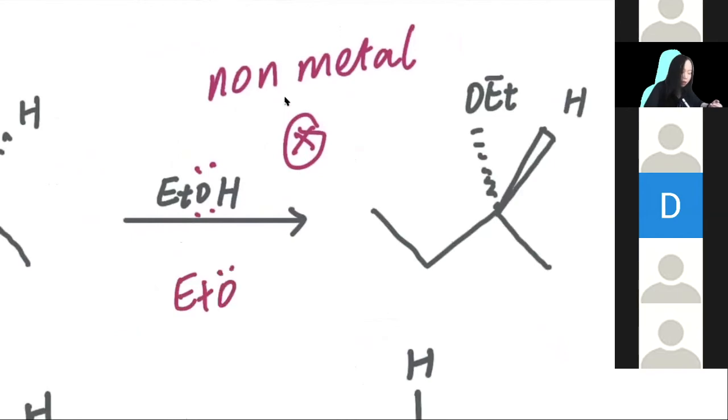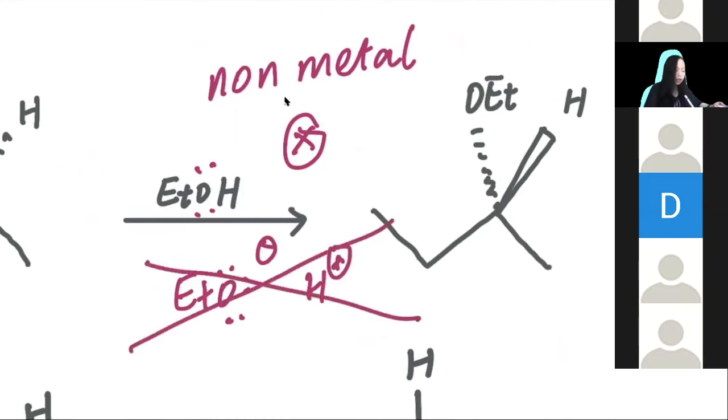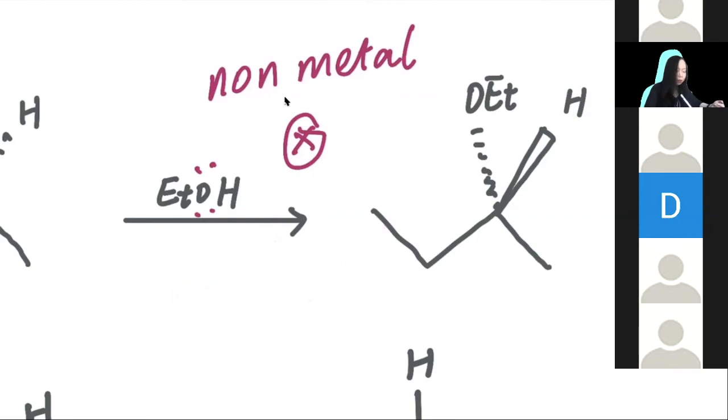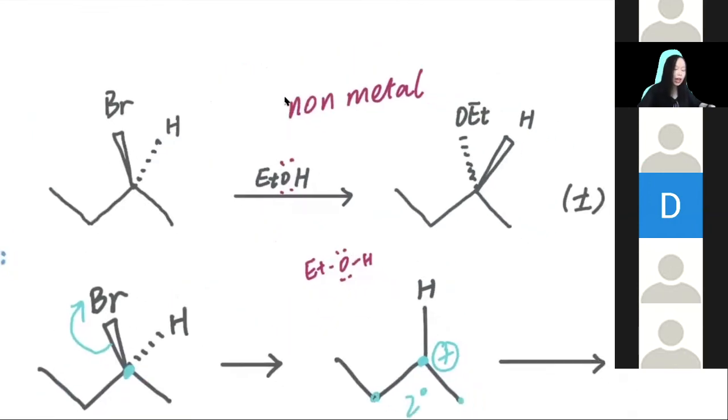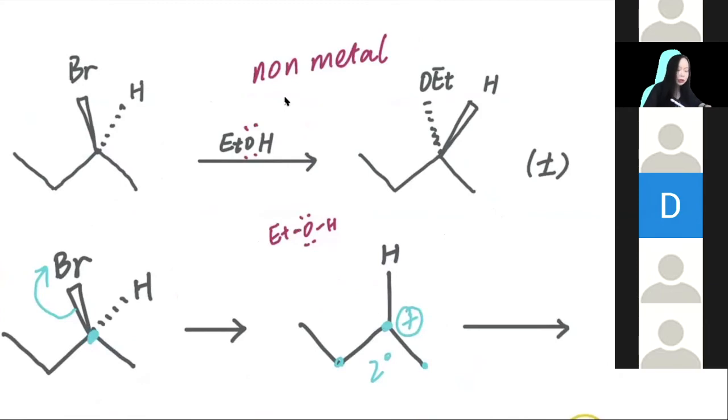The most common mistake I see in the exam is someone writing this to me. It's not happening. Et is all covalently bonded, so the whole EtOH is going to attack as a group. You cannot write a formal positive charge or formal negative charge if it's all covalently bonded.